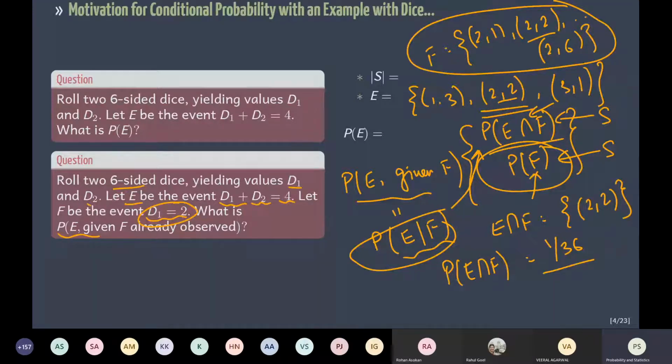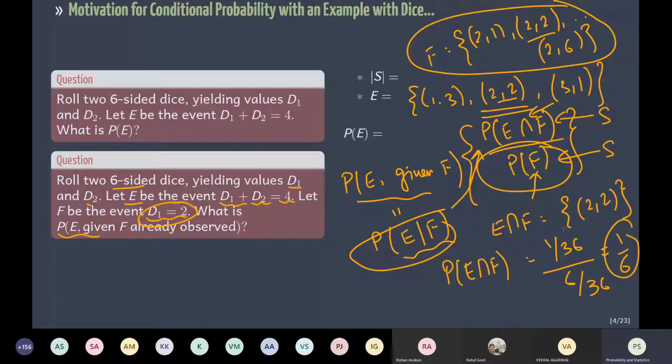It's 6 over 36, so this is 1 over 6. How do we interpret this? I have one more graphic on this to explain what I'm trying to say. You can also have a view where you think of the sample space as being reduced in this case.